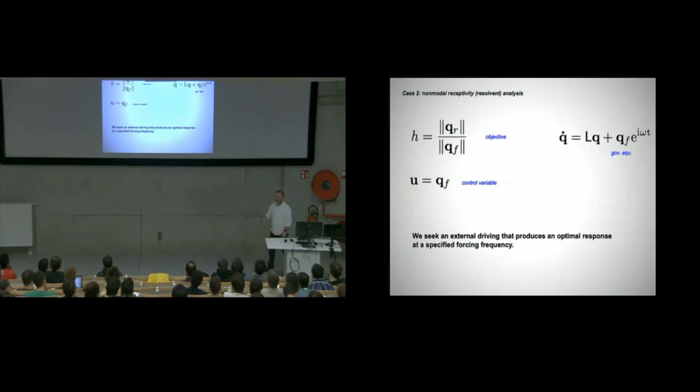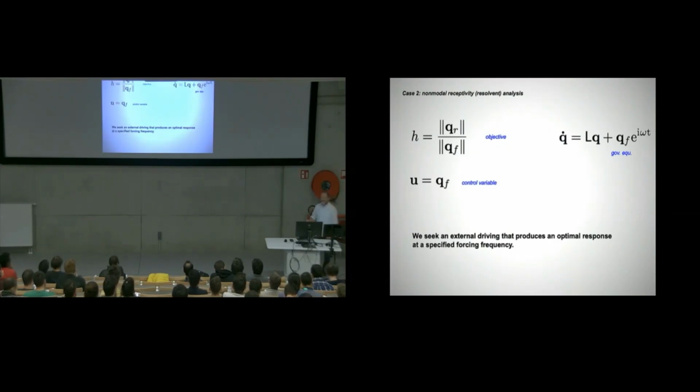So we want to see what frequency resonates with our system, in a sense, but I don't want to overuse the word resonance. Okay? It has a bad connotation. So we seek an external driving that produces an optimal response at a specified forcing frequency. And just like before, this doesn't need to be integrated or time-stepped.